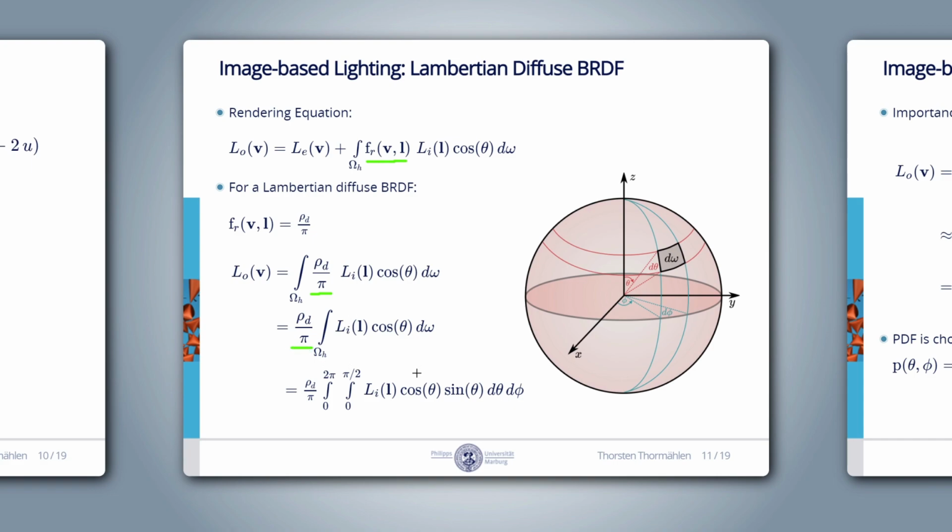The variable of integration is the solid angle omega, which is difficult to parameterize. Therefore, we represent the solid angle in spherical coordinates as we have discussed in episode number 4. These spherical coordinates are the polar angle theta and the azimuthal angle phi. Now we see in the figure that the size of a d phi step depends on theta.